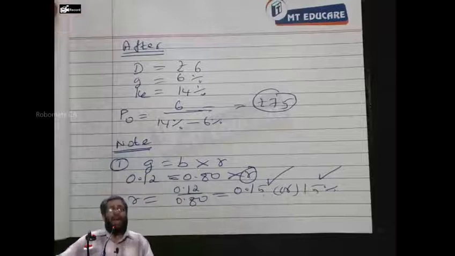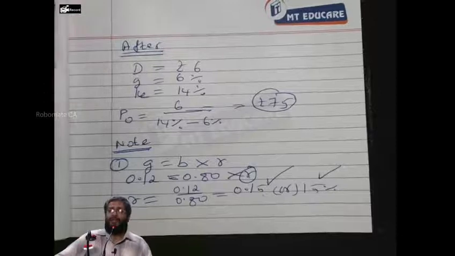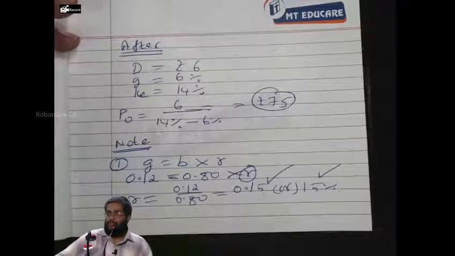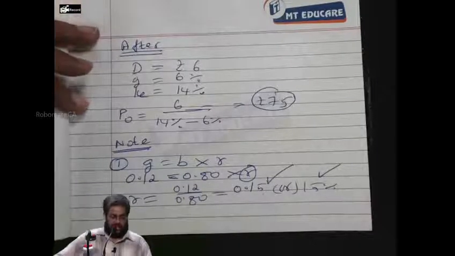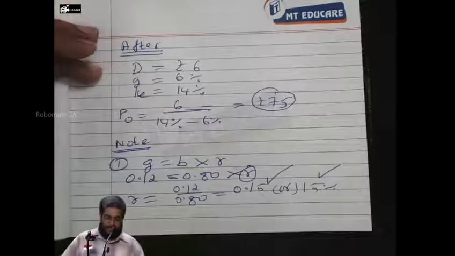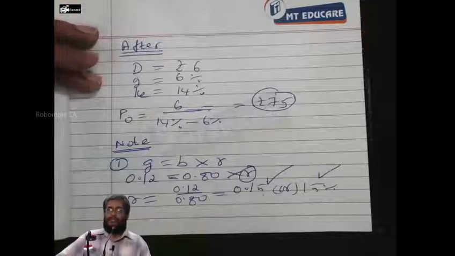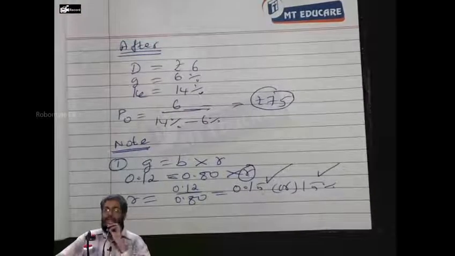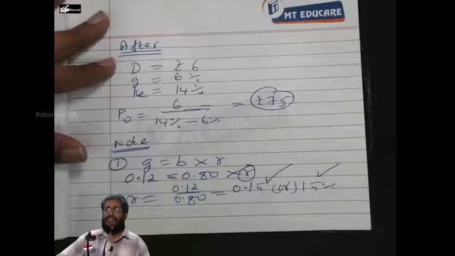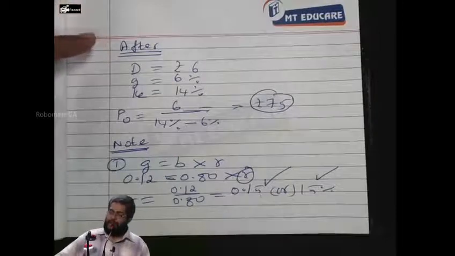And the balance 4 lakhs profit was distributed as dividend, which can be understood as investment at how much percent? 14%.